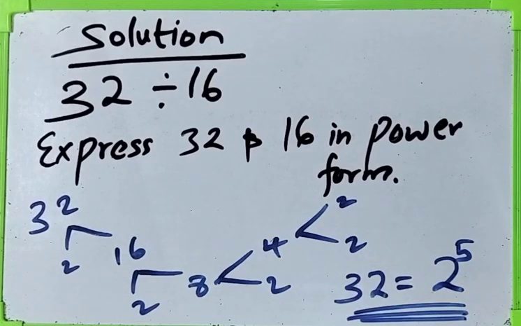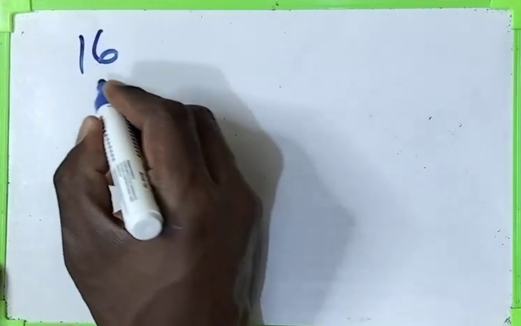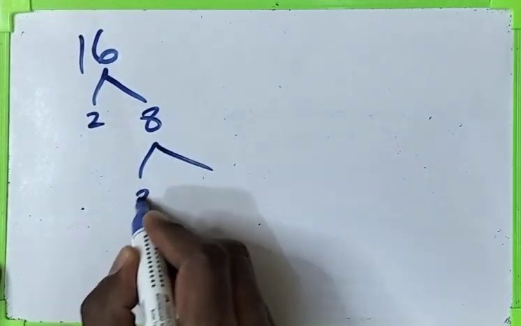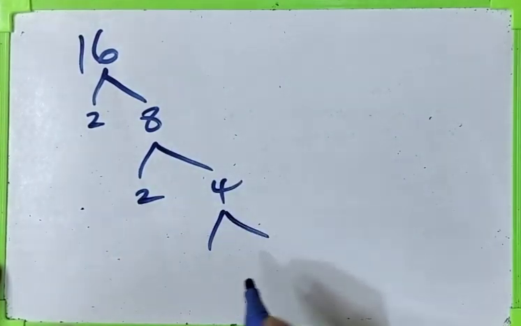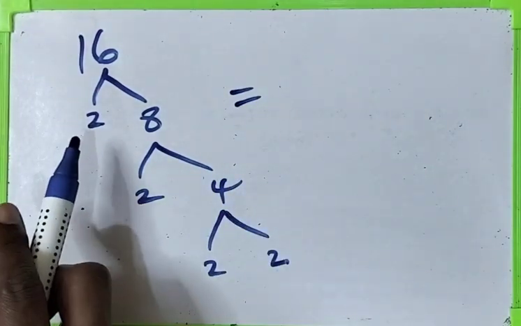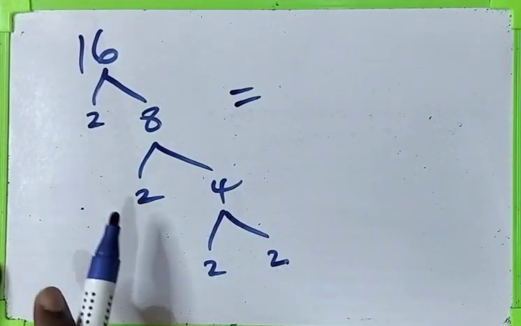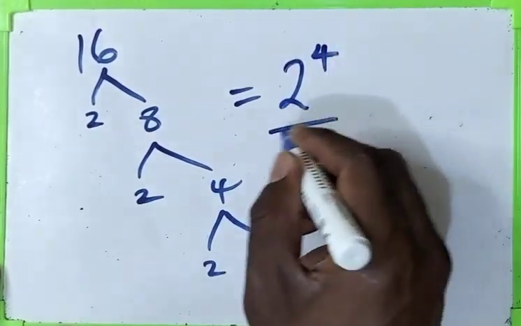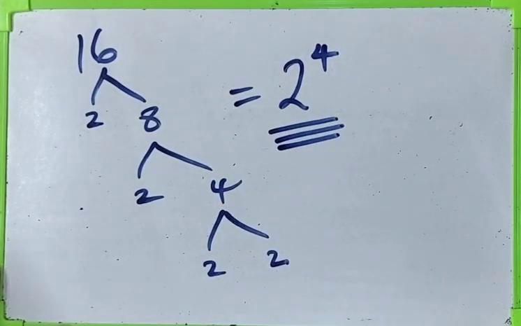What about 16? 16 in power form. 16 divided by 2 is 8. 8 divided by 2 is 4. 4 divided by 2 is 2. So 16 can be written as 2 power 1, 2, 3, 4. 2 power 4 is the same as 16.